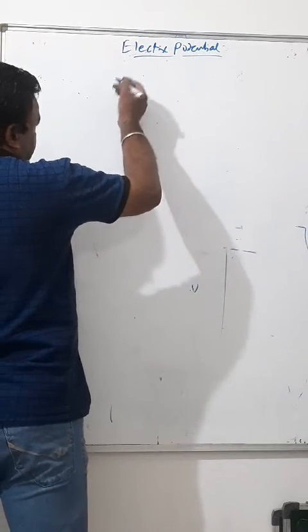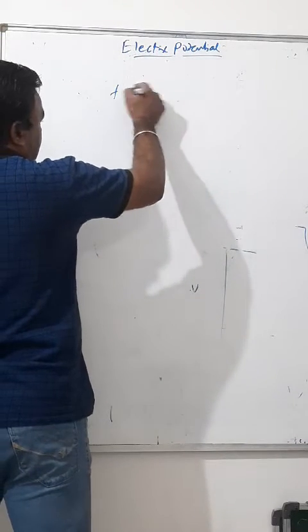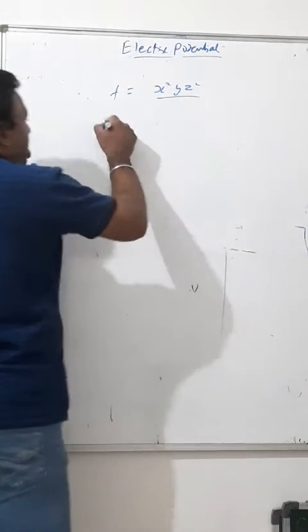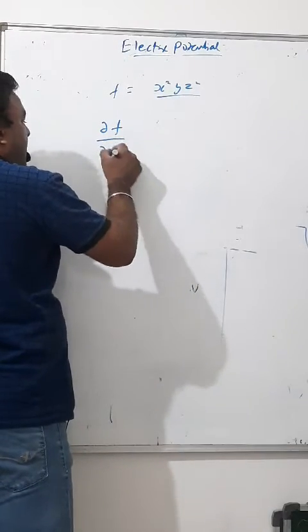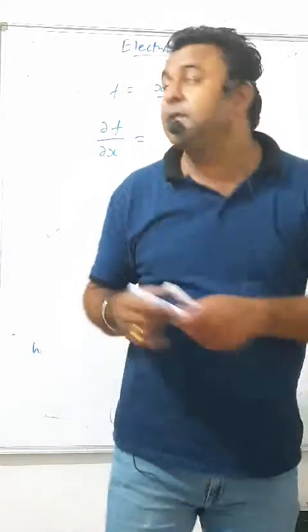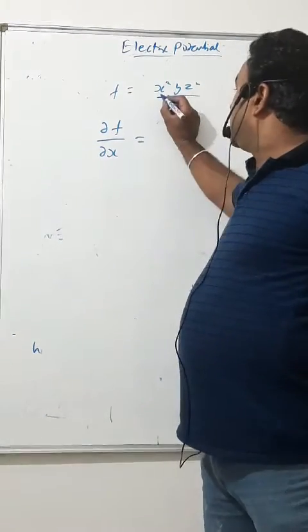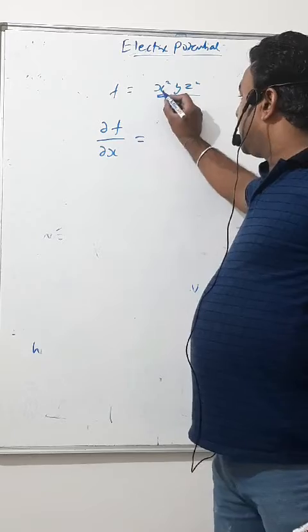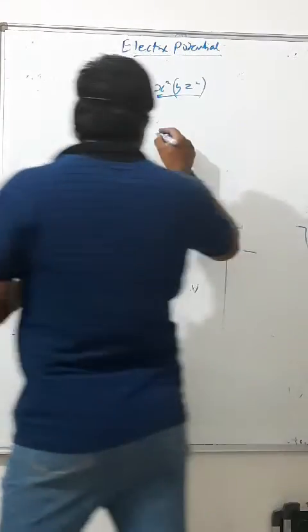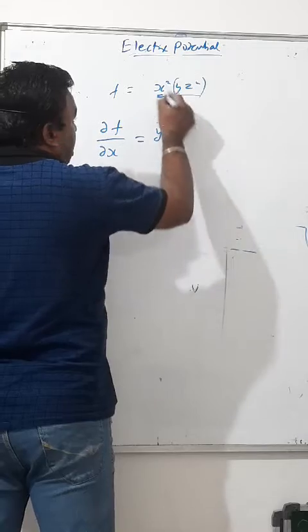Now, for example, I write here, suppose I have a function x square y z square, then del f by del x, partial differentiation with respect to x. Then the function is traveled only along x, definitely y and z are constant. It is y z square.